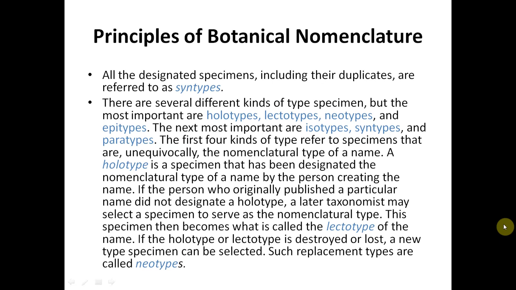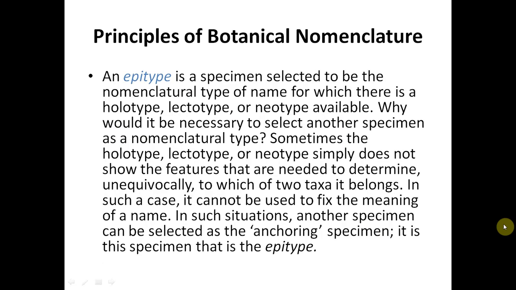So the first priority goes to holotype. If it doesn't exist, then lectotype. If both are not present, then the third one is neotype. And an epitype is a specimen selected to be the nomenclature type of a name for which there is a holotype, lectotype or neotype available.